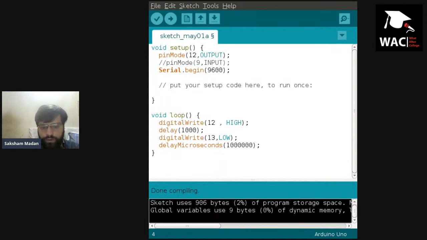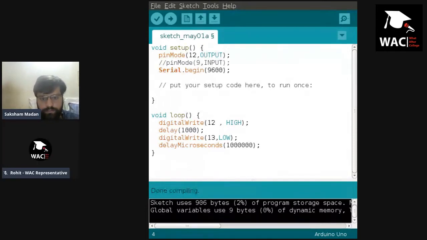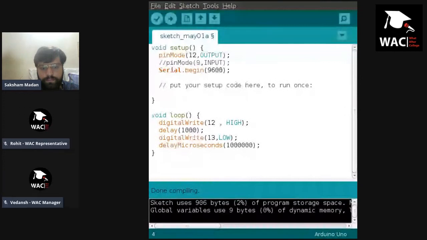Okay, so I'm gonna add Rohit sir. He'll be telling you more about the certificate and all. Rohit sir, are you online? Vedansh sir. Hello. Yeah, I'm just calling you, sir. Okay, so they'll be telling you about the certificate.